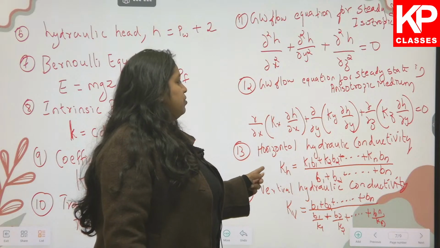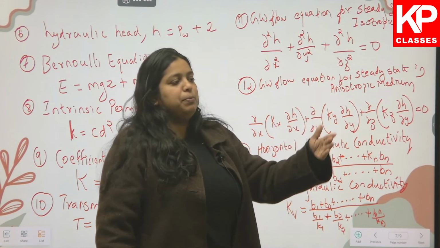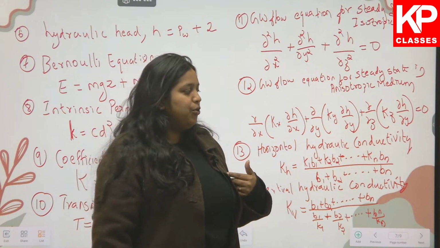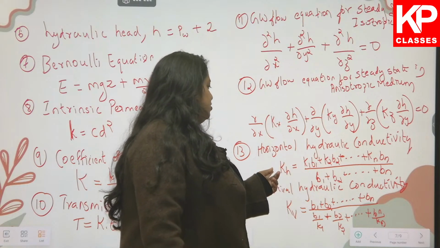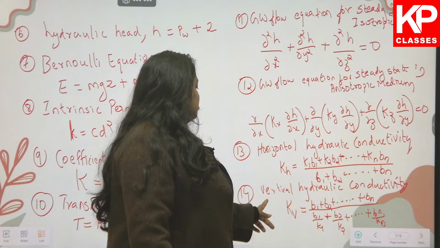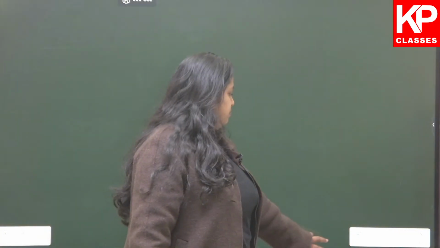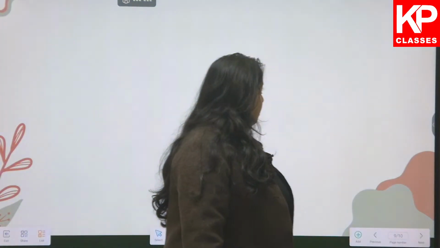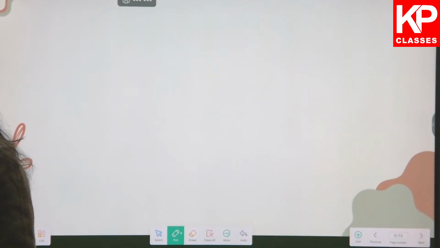This is the horizontal hydraulic conductivity for terrain where there are multiple horizontal beds, and altogether a horizontal flow of water takes place. So this is the equation that you have to use. This is the vertical hydraulic conductivity equation.